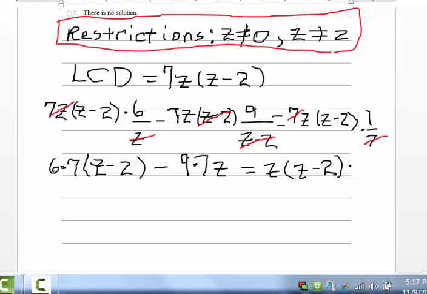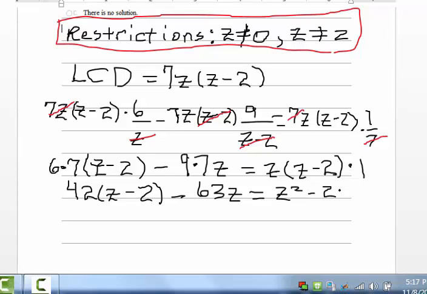And the third result gives us z times z minus 2 times 1. Let's go back to the first product. We have 42 times the difference, z minus 2, minus 63z equals z times z minus 2 times 1, which is just z times z minus 2, which is z squared minus 2z.